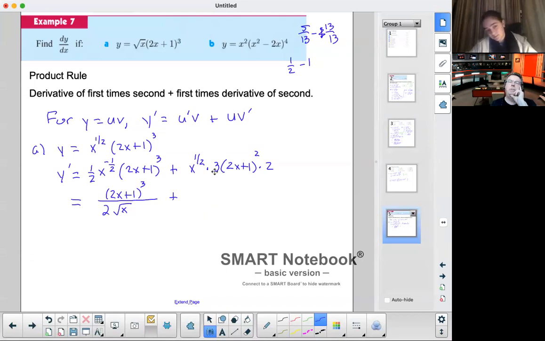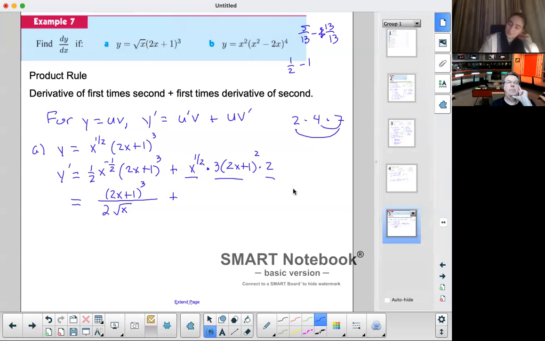Oh, you distributed it. Okay, so this is all one big multiplication. So you don't take the 2 times the 3 and the 2 times the x to the 1/2. I have 3 things being multiplied here. They're weird things, but I have 1, 2, 3 things being multiplied. If they were numbers, 2 times 4 times 7, you wouldn't take 7 times 2 and then 7 times 4.